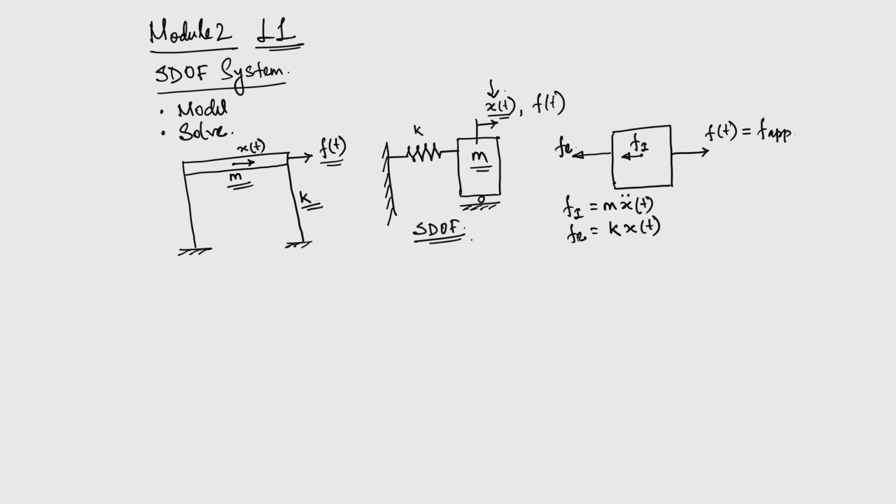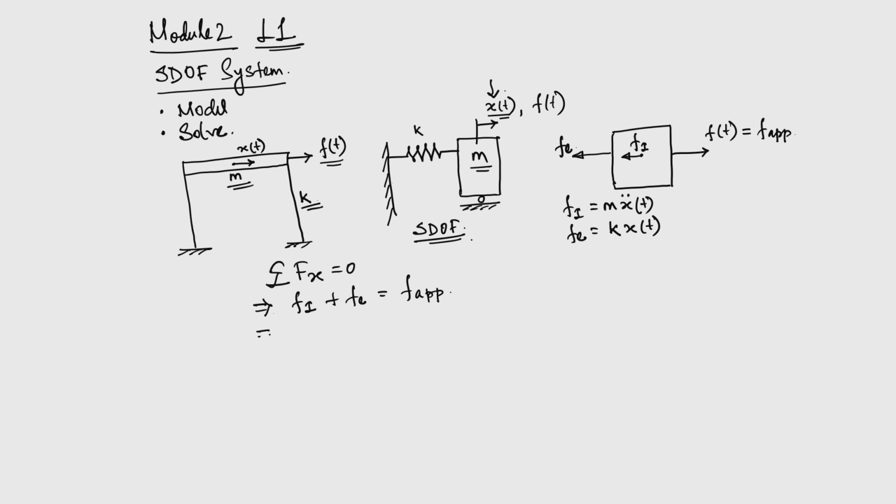Once we identify all these component forces, we can apply equilibrium. The sum of all forces acting in the horizontal direction is equal to 0, because the system is in dynamic equilibrium. So we have inertia force plus elastic force equal to applied force.